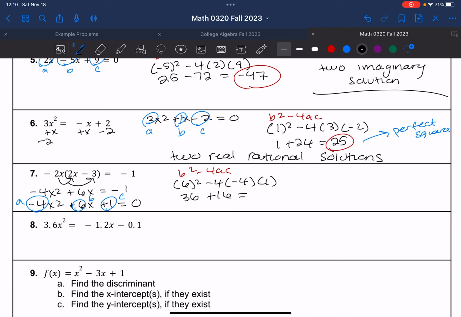So 36 and 16 gives me 52. 52 is a positive number. However, it is not a perfect square. So not only am I having two real solutions, I'm having two real irrational solutions.